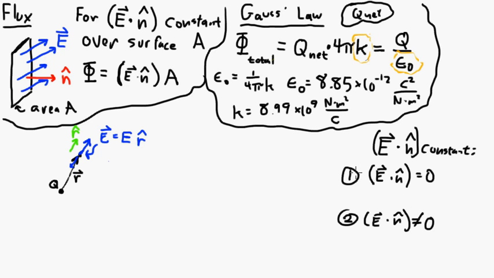The first possibility is that E dot n hat equals 0, which means that if that's true, the E vector and n hat must be perpendicular. Under what circumstances will that happen? Well, we had the little diagram from the last video where you have your area like that, and you have your electric field going basically parallel to this plate. Imagine these lines are all parallel to this little area I've drawn.